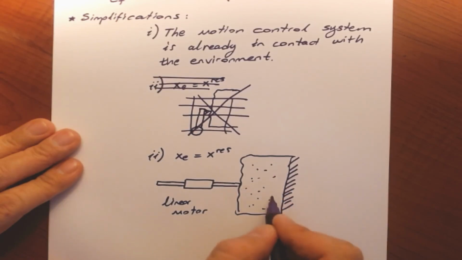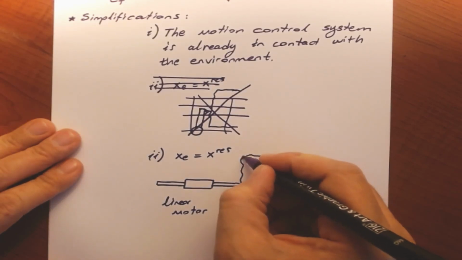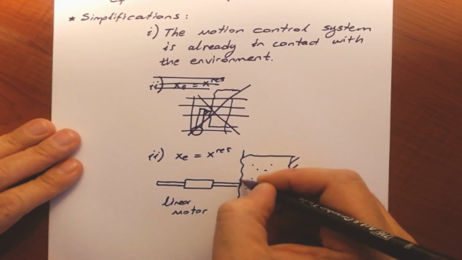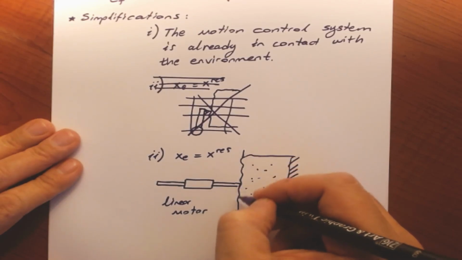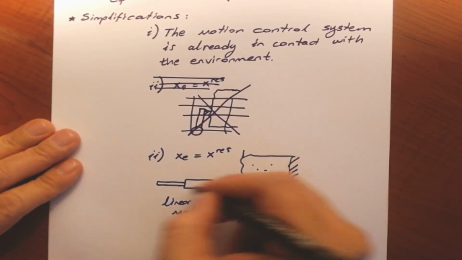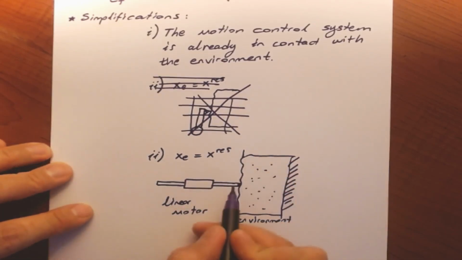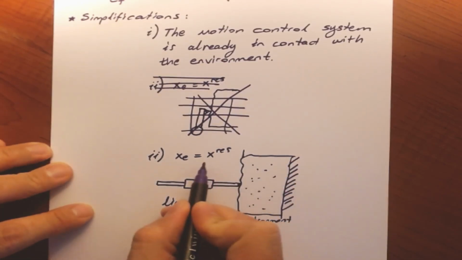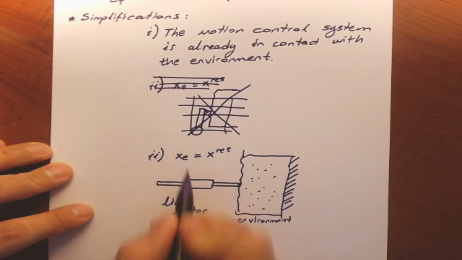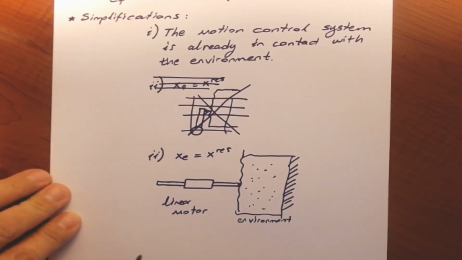So that is the environment. In this scenario, since the initial contact point is the initial position of the motor, and since the motor's deflection will be equal to the environment's deflection, this assumption will be valid.